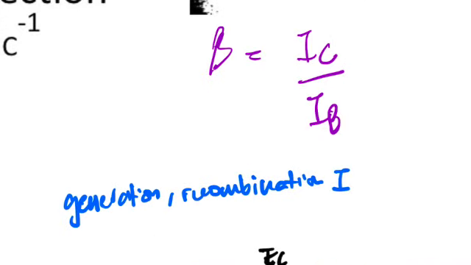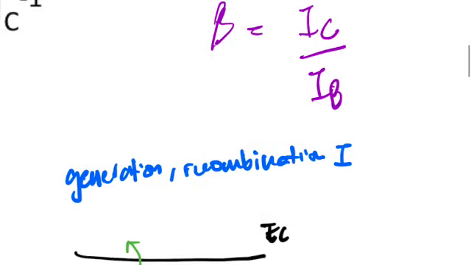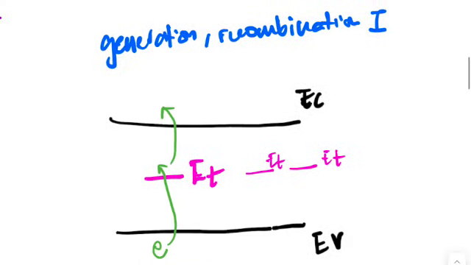At low collector current, the gain will depend on any changes in the base current. If you remember, one source of base current is recombination of the carriers inside the base region. Most semiconductors will have defects.